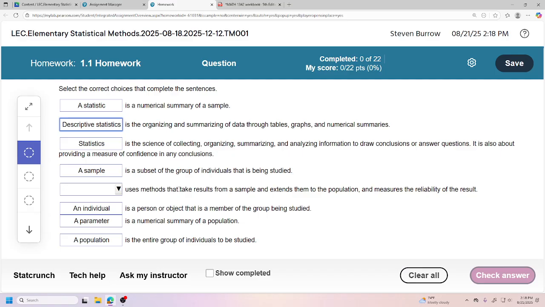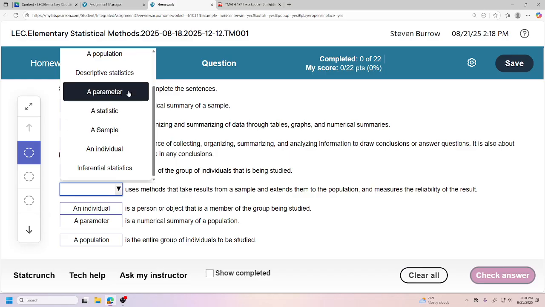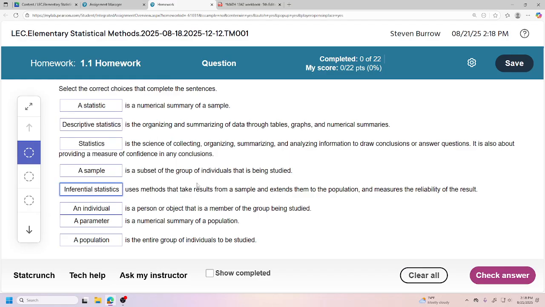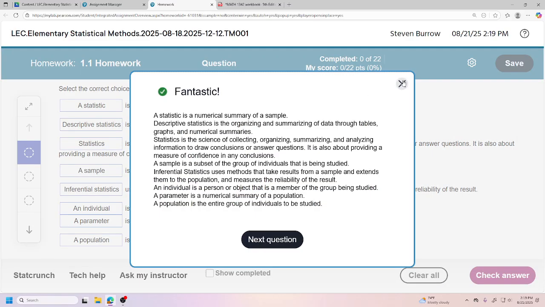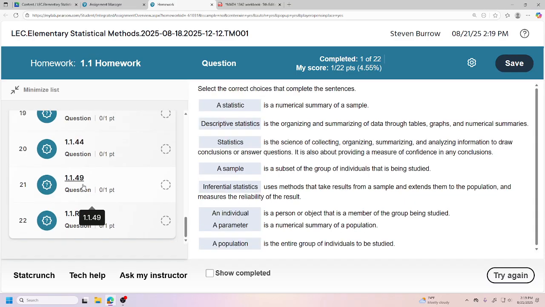Do we have a draw conclusions here? Making methods and results measures reliability. I mean, it's the only thing we haven't really done, right? So I'm going to think that one. It's the only one I haven't chosen yet. Let's check answer. We got it. That was question 1 of 22.